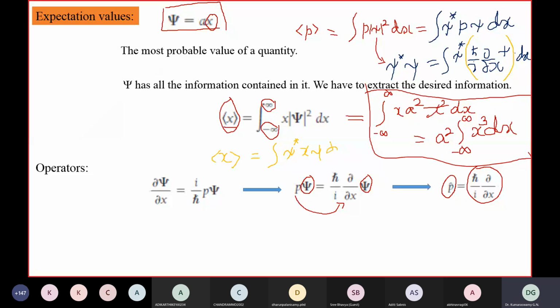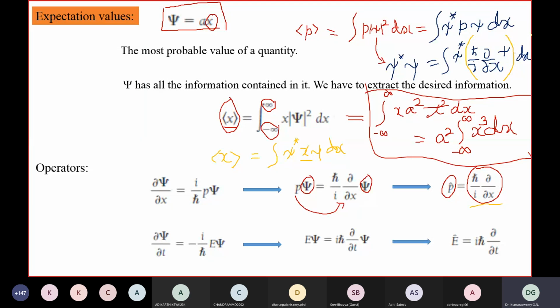This is how it is. So here x itself is the operator. When it comes to momentum, this is the operator. When it comes to energy, this is the equation we had previously. You rewrite this, and E is equal to i h cross dou by dou t. This is the energy operator.